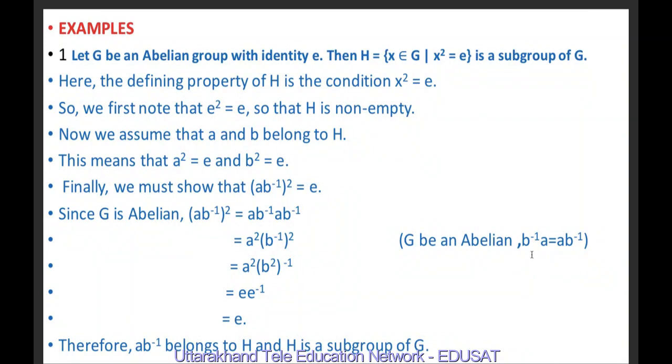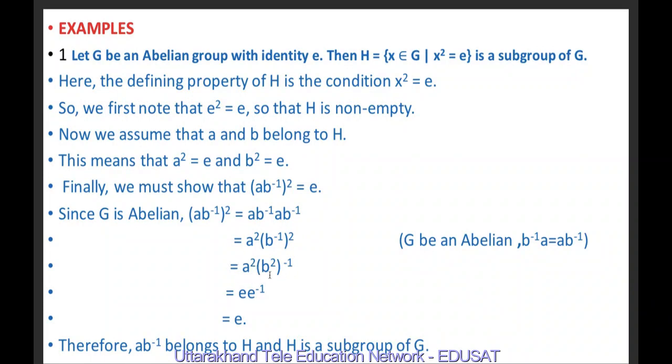In case of abelian, B inverse A is always equal to AB inverse. So it means A into A, B inverse into B inverse, which is A square into B inverse whole square. And B inverse whole square can be written as B square inverse.